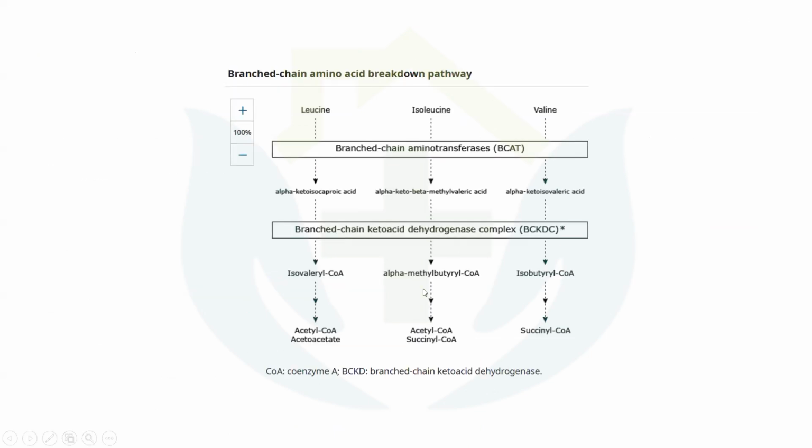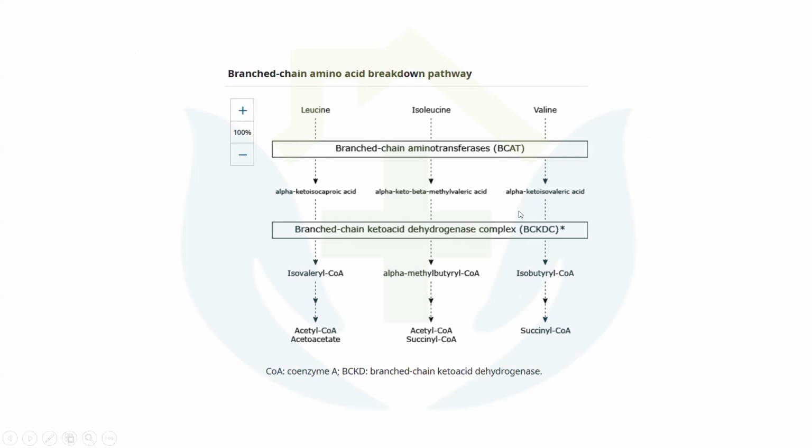Yeah, in this pathway, we can see that there are three branched-chain amino acids being metabolized. The first enzyme is branched-chain aminotransferase, which produces the alpha-keto acids, the initial metabolites.